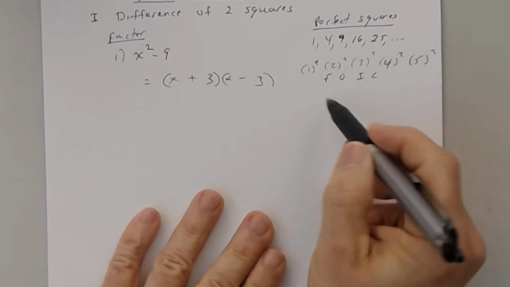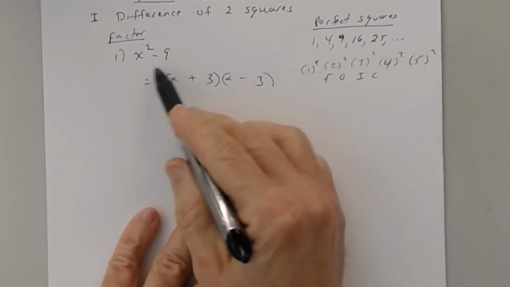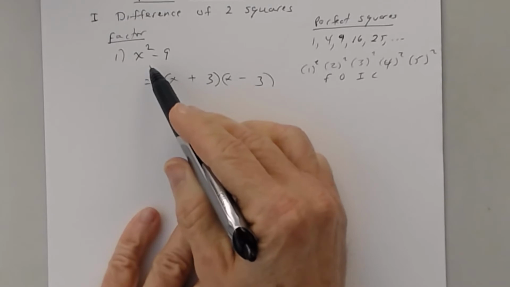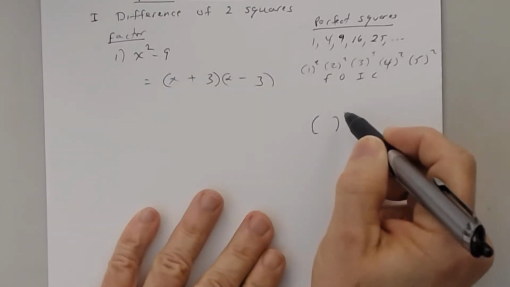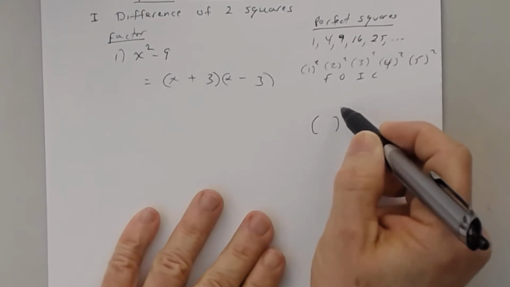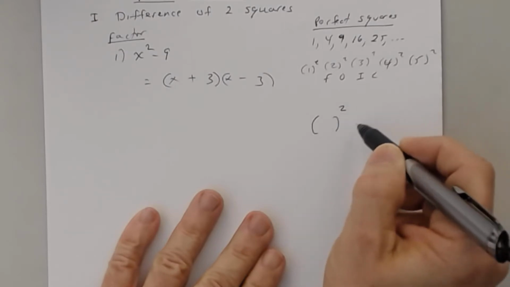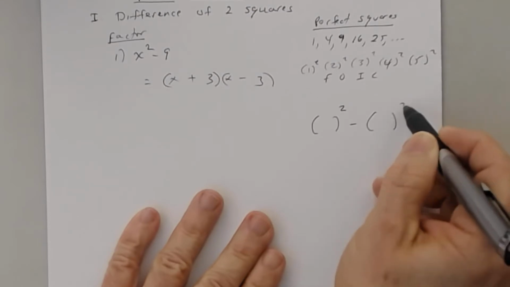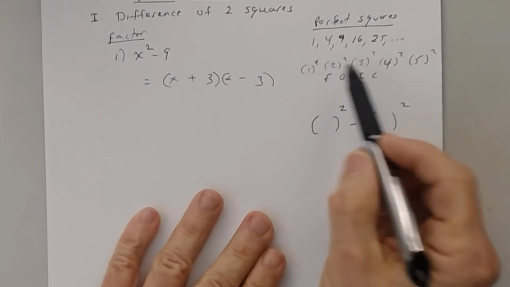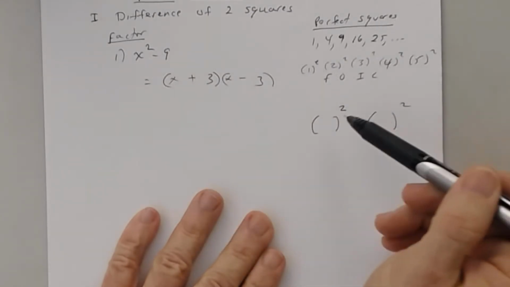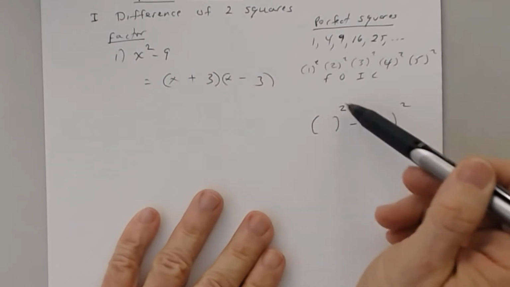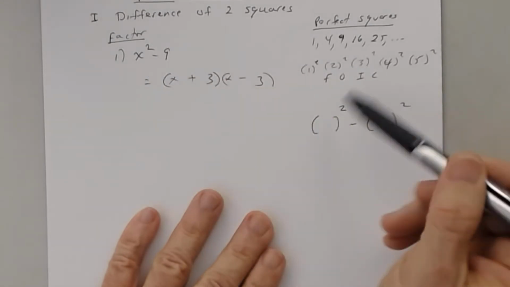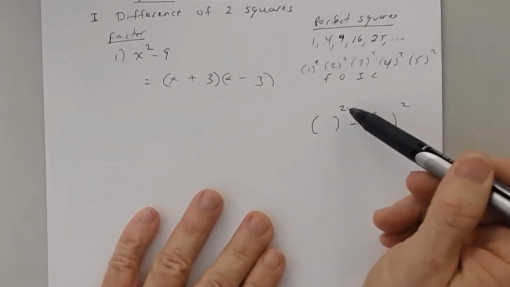So whenever this binomial does represent the difference of 2 squares, you can always rewrite each term as something squared.